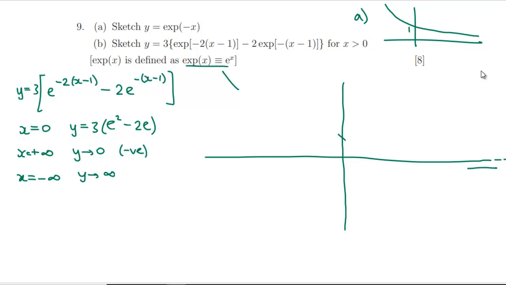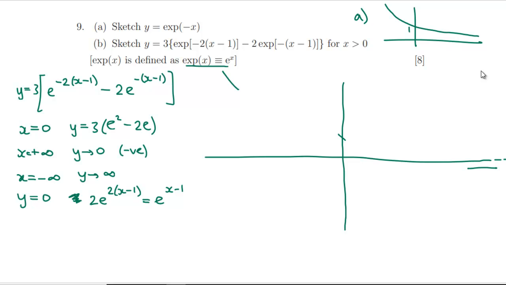So we need to know turning points, and for y is equal to 0. So let's do y is equal to 0 when these things are going to be equal to each other. So we've got the, and we can flip the signs on these, can't we? So we can say 2e to the 2x minus 1 has got to be equal to e to the x minus 1.